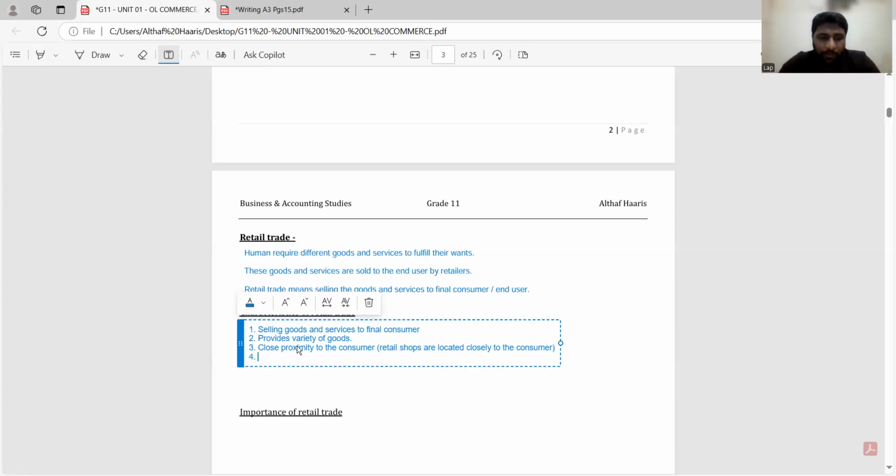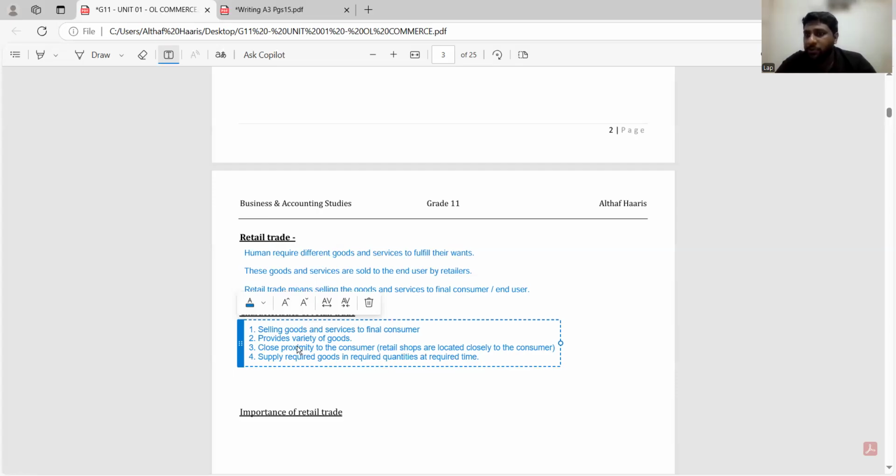And fourth one, write down: supply required goods in required quantities at required time. Just take an example. You want Anchor milk powder. If you want it, go to the shop, you can buy it now.